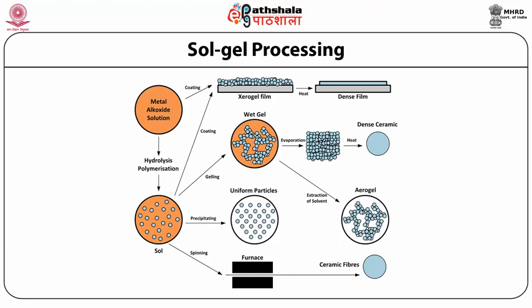As you can see in this figure, using a furnace and spinning, we can form ceramic fibers; by extraction of the solvent from a wet gel we can make a dense ceramic; and if we coat a xerogel film and give it a heating treatment, we can get a dense film.